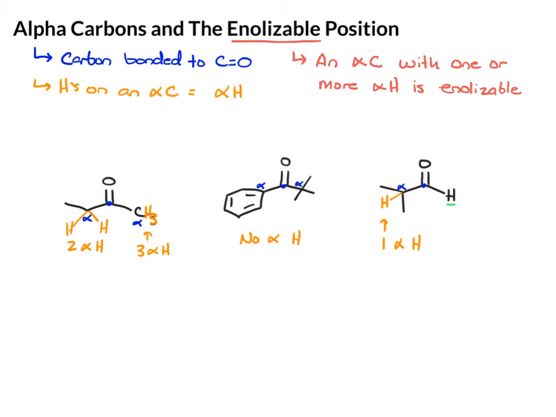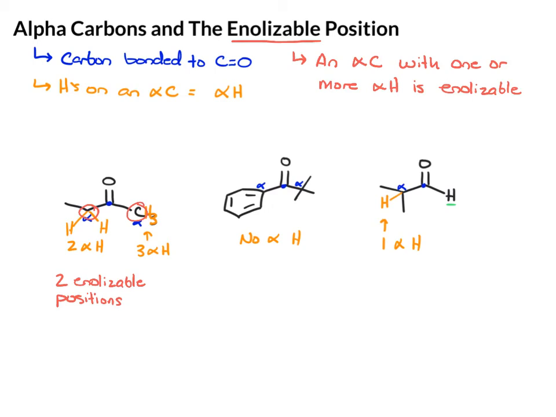So as it relates to these molecules, we can say that this position here is an enolizable position. This position here is an enolizable position. Or you could say two enolizable carbons.